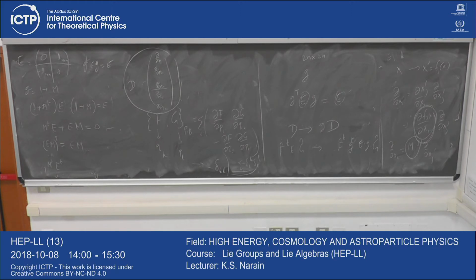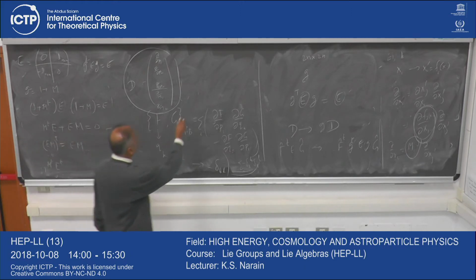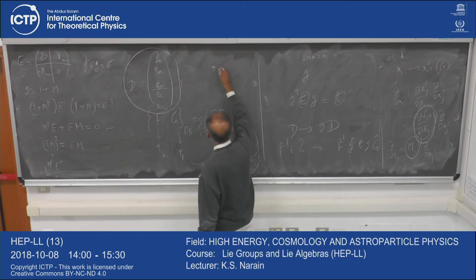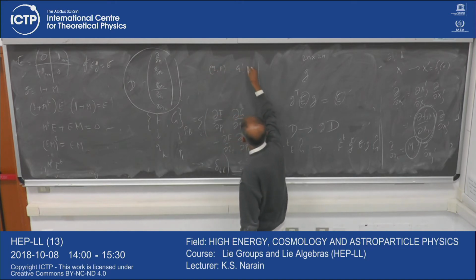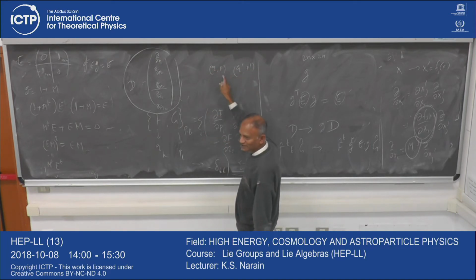So all of these Lorentz groups, etc., are like orthogonal. Can this E also be called a metric on the base space? No, it's not a metric. For a metric, if I give you some Q and P, and a Q prime and P prime, I want to look at the inner product.